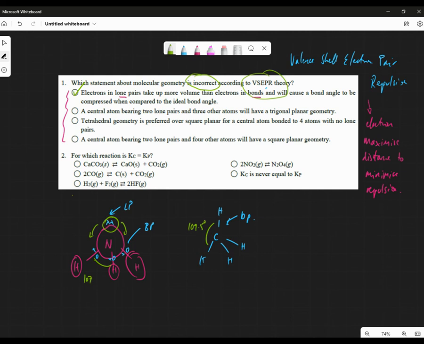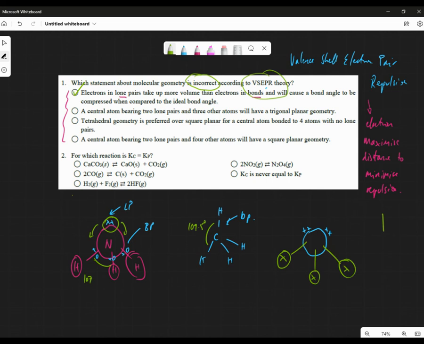A central atom bearing two lone pairs and three other atoms will have a trigonal planar geometry. So let's draw that. Central atom, there it is. It's got two lone pairs, one, two. And one atom, two atoms, three atoms.